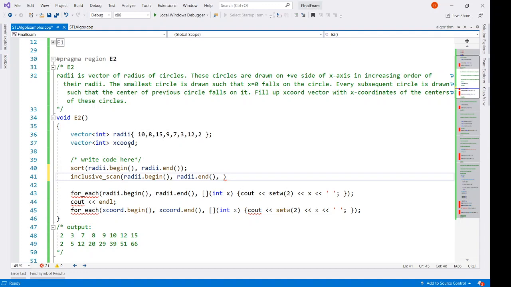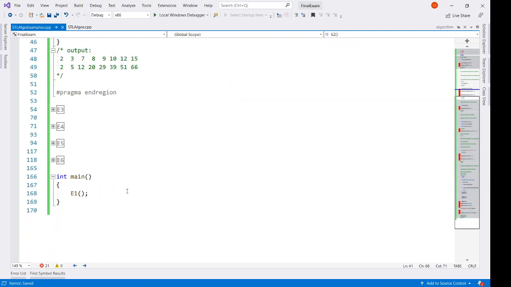Since it's a vector, but the algorithms expect functors, we have back inserter available for use. It will always call push_back and add the elements into that. Okay, so now let's see what is the output that comes after we build this, and call e2 from here.